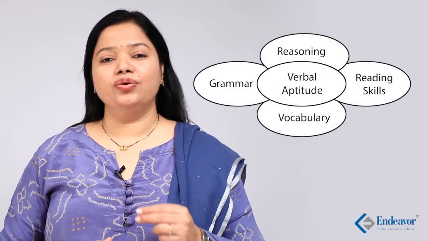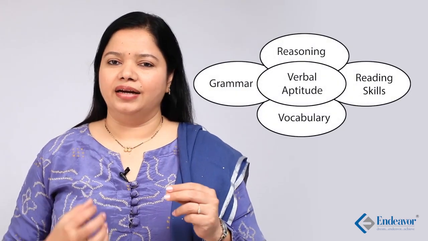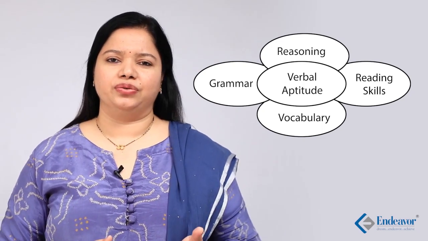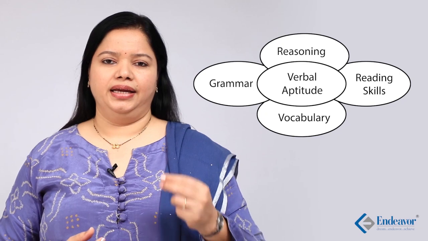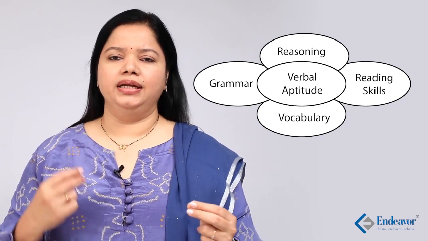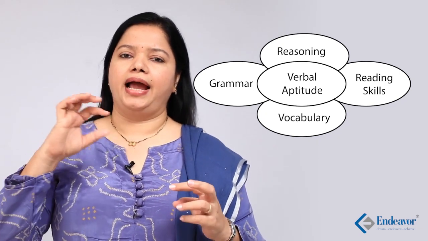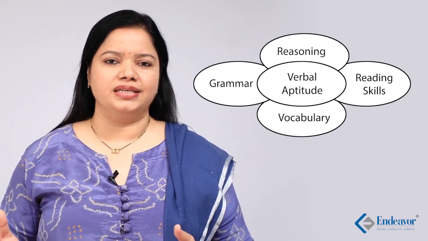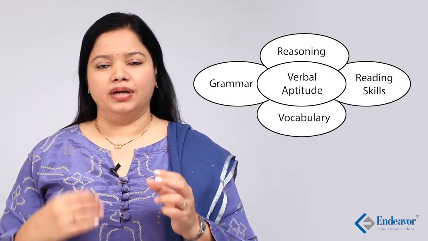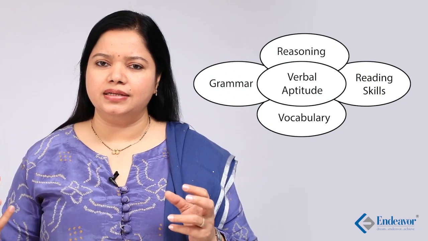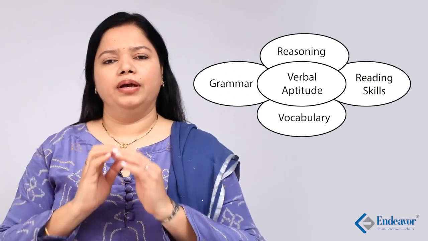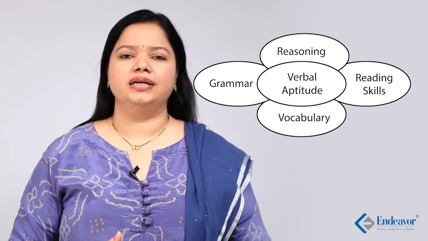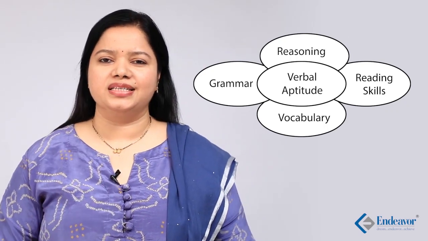Finally, there is no really segregating grammar from the other 3 components that make for verbal aptitude. And what is that? It is vocabulary, your reading skills, and your understanding of reasoning, logic, or critical reasoning. So, grammar, vocabulary, reading skills, all of them brought together by your strong understanding of logic or critical reasoning.